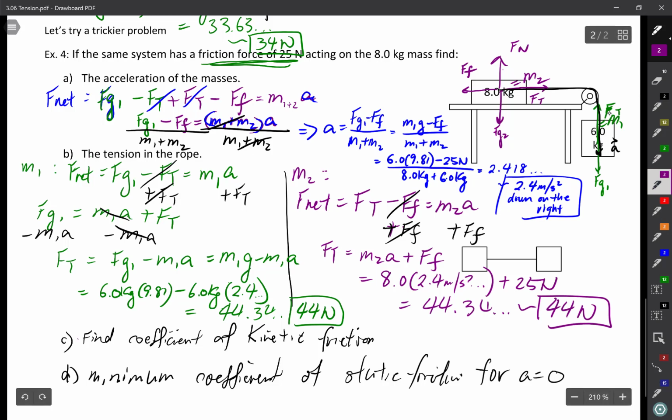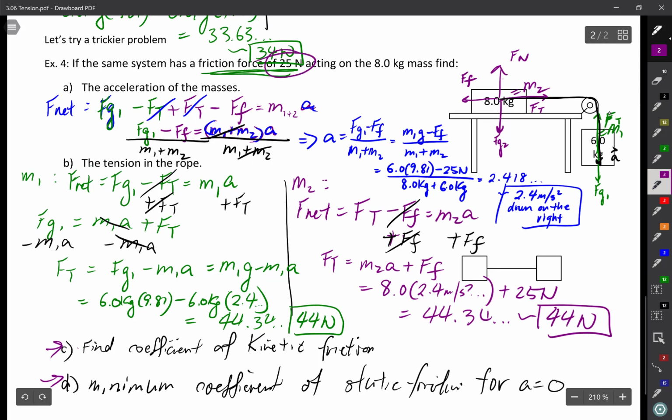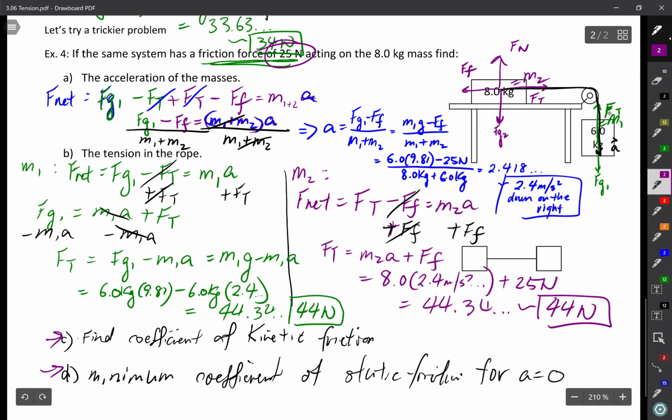Same also for C and D. If you want to give that one a try, which you can, you have the friction force of 25 newtons. You could use M1 to figure out what the coefficient of kinetic friction is. And if you also want to, you can even try to find what would be your minimum coefficient of static friction needed for your whole system to not accelerate. This is a bit trickier.